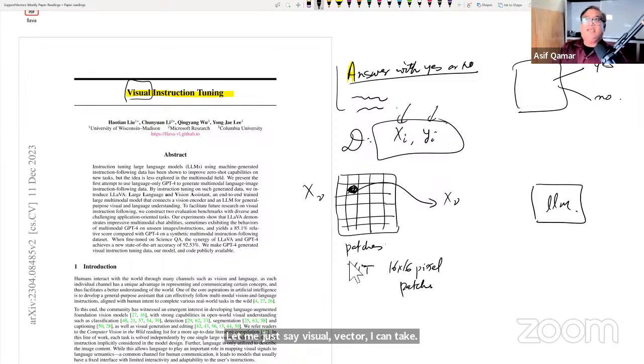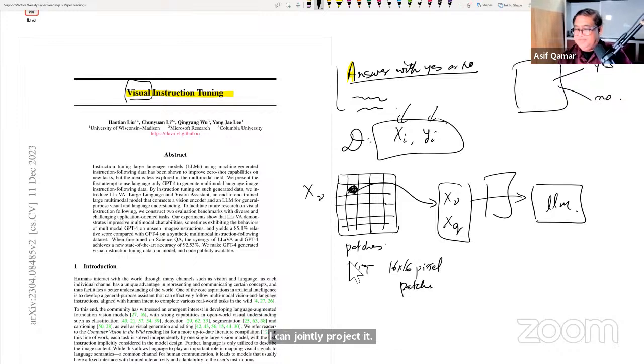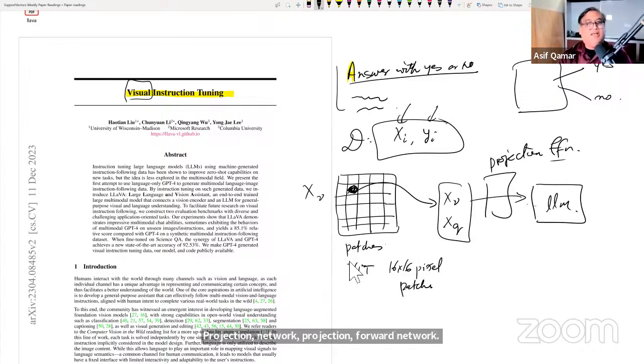I can also take some input text, which I'll write as a question. I can jointly project it, using some projection matrix, a projection feed-forward network, to align it to a large language model.